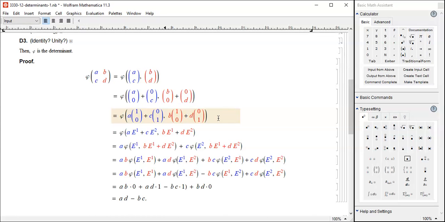So what did we end up with? We ended up with a linear combination AE1 plus CE2, BE1 plus DE2, where E1 is 1, 0 and E2 is 0, 1. Blue from the first vector, red from the second vector, but E1, E2, those are the same.